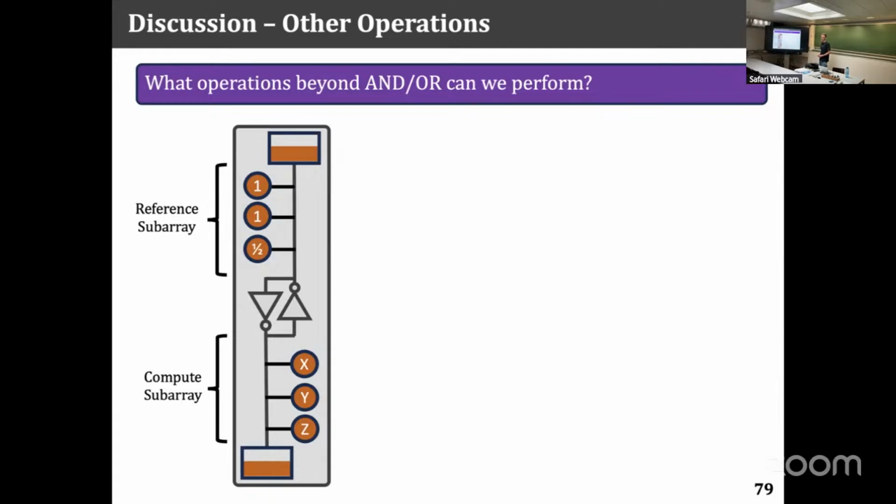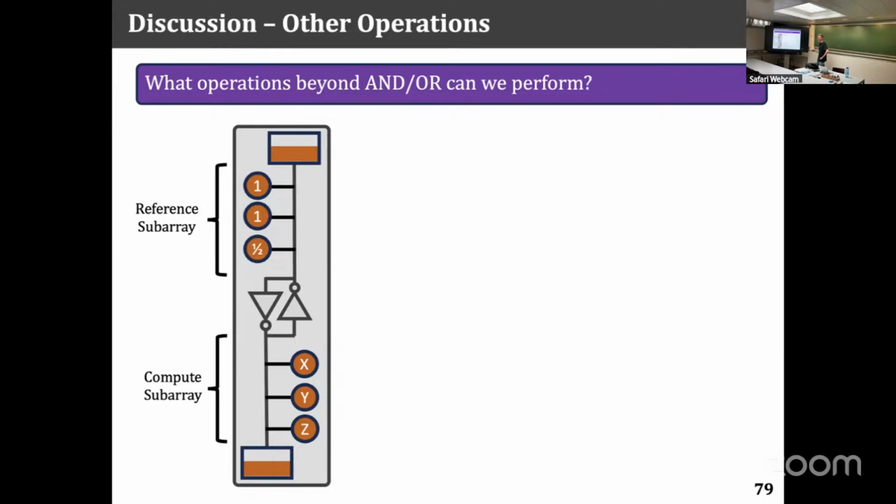Can anyone imagine what values we have to put here in order to get an OR operation once we do the simultaneous row activation? Go for it. I'd guess 0, 0.5. Yeah, that's right.